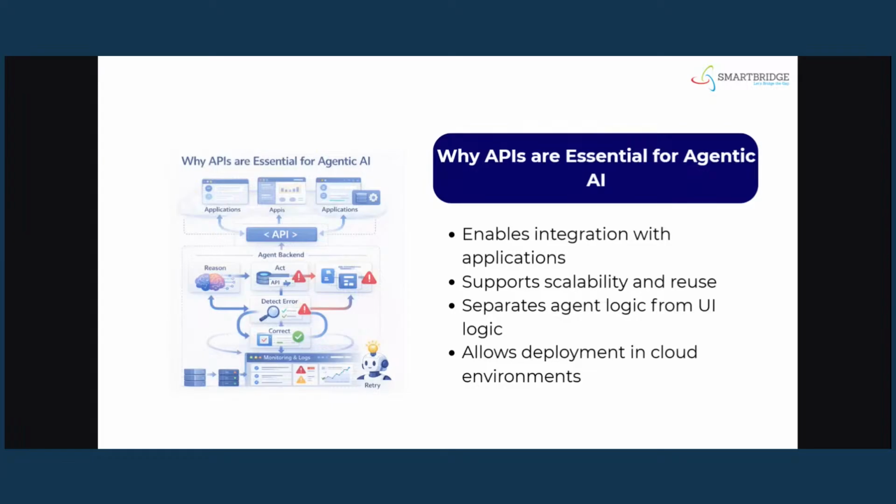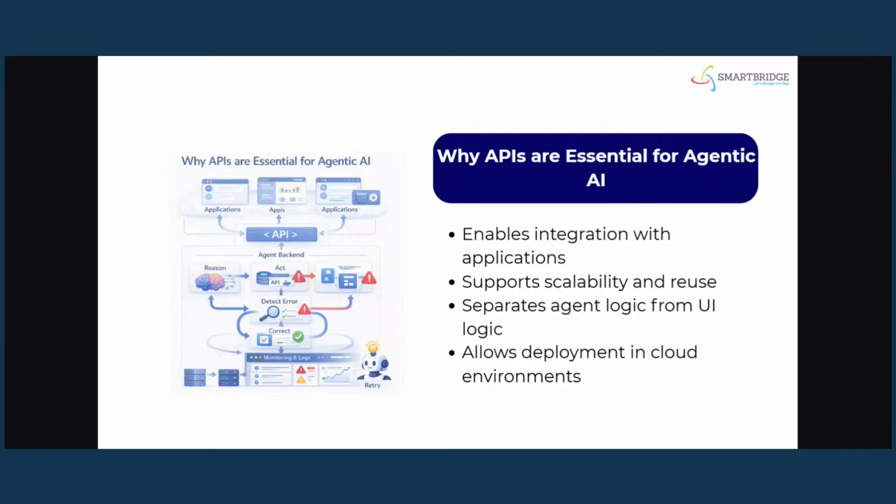APIs also make reuse possible. One AI agent can power multiple products through APIs, which is how companies save time and resources. APIs also play a major role in cloud deployment. Most AI systems today live in the cloud, and APIs are the language of the cloud.